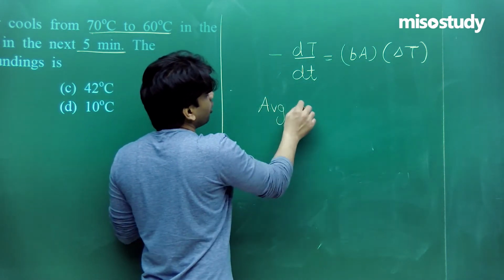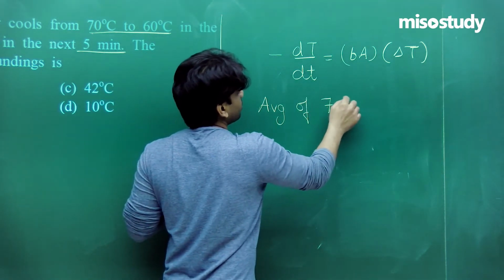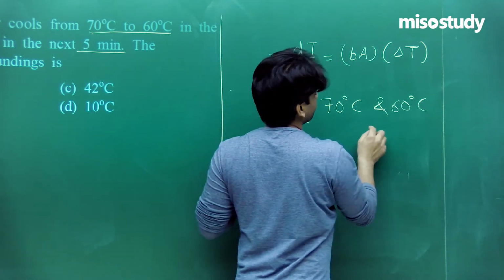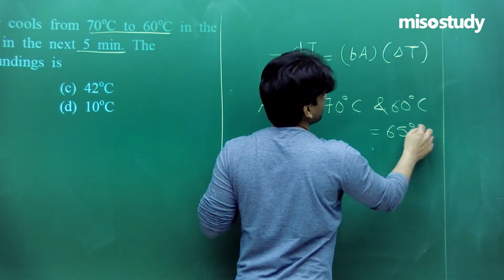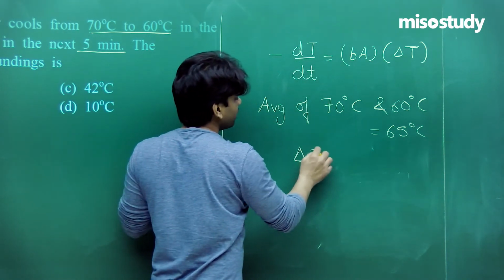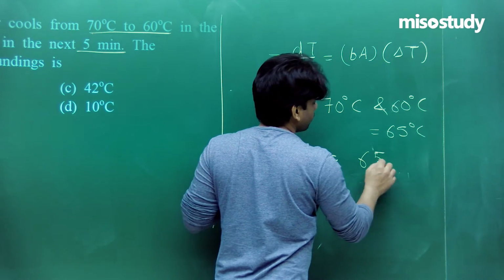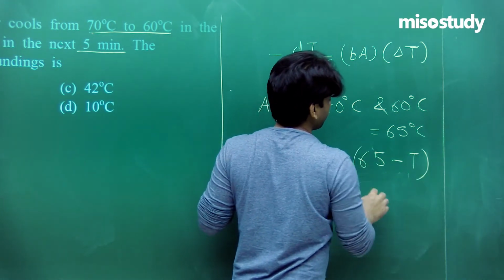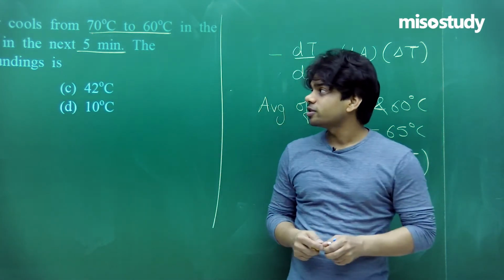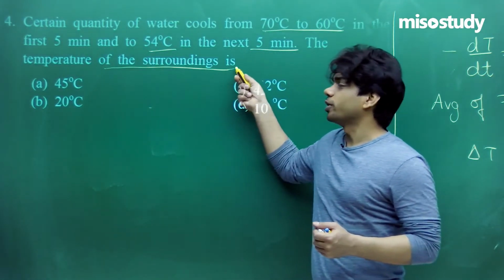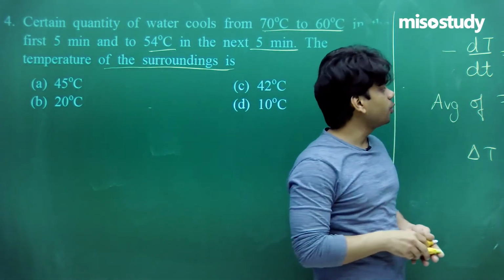The average will be 65 degrees Celsius. So delta T will be 65 minus room temperature. Capital T I am using for room temperature because that is what we need to evaluate.